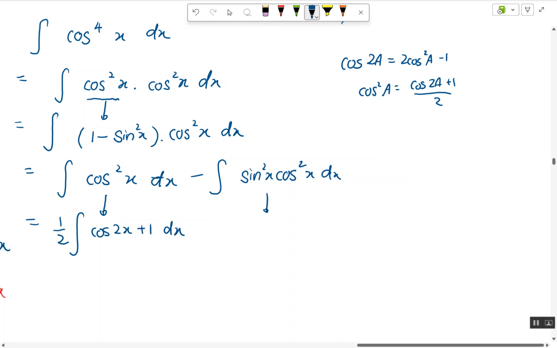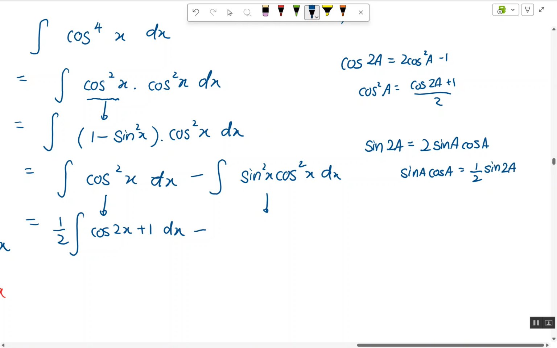What about this? When you see sine x and cosine x together, the thing that must come to your mind is your sine double angle formula, which is given. This is 2 sine a cos a. If I make sine a cos a the subject, it's just going to be sine 2a over 2.